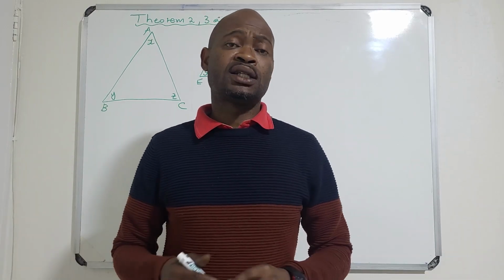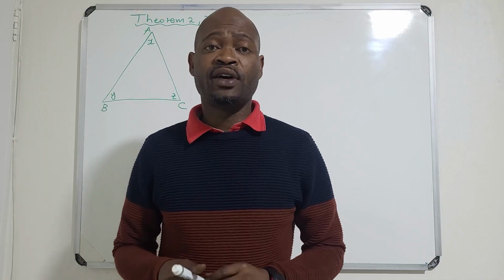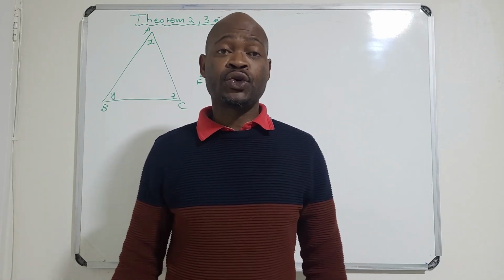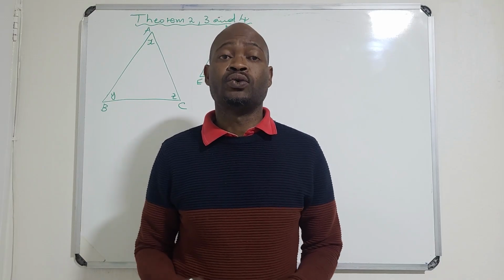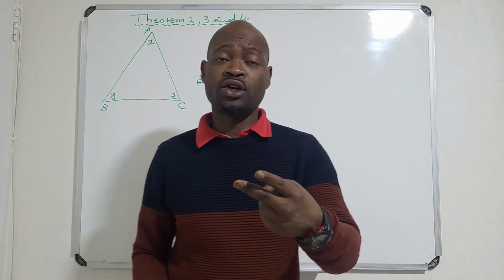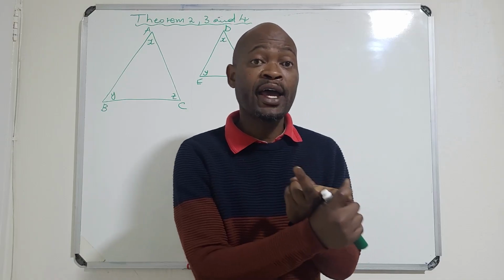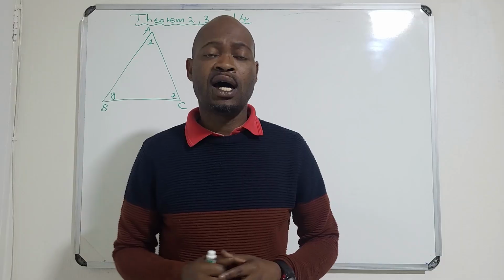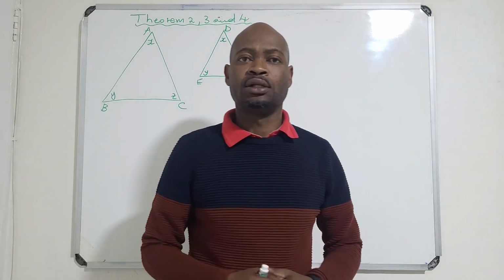Now, triangles are very special. They are special in such a way that when one of the conditions is true, then the other condition must be true. Because we've got two conditions of similarity, if one condition for triangles is true, if corresponding angles are equal, then it means that sides are in proportion.